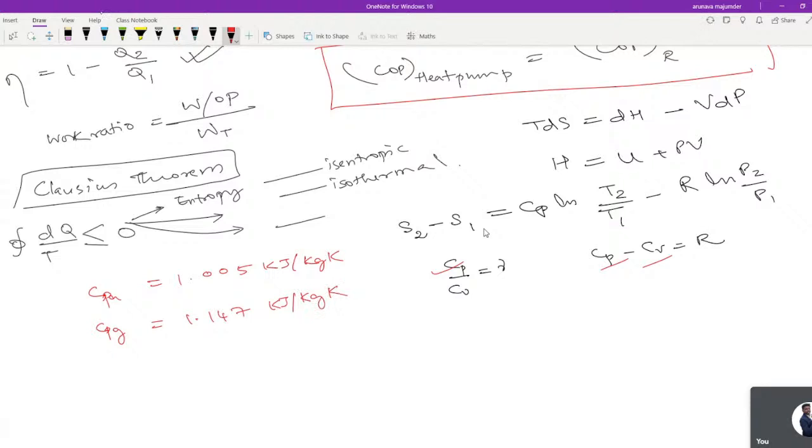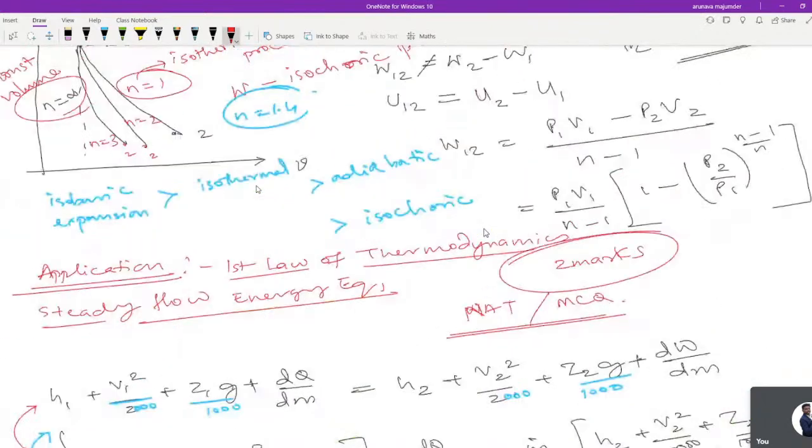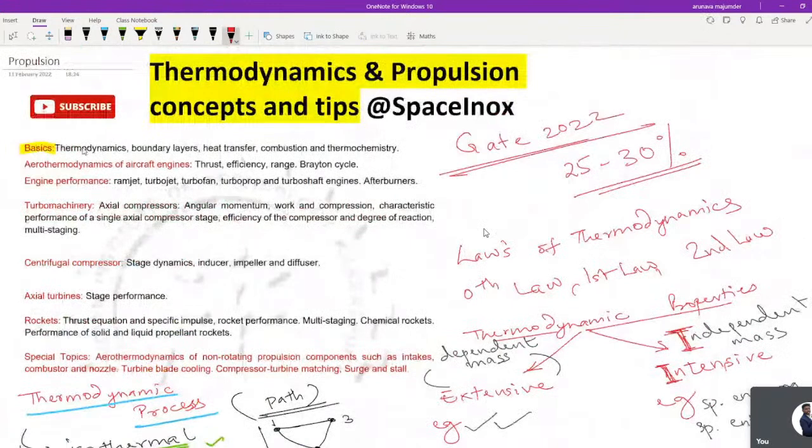So this is for the compression and this is for the expansion one. These are the two values. It is better to remember them. So I think we have given the layout and the important facts which you can expect for sure, especially from this topic.